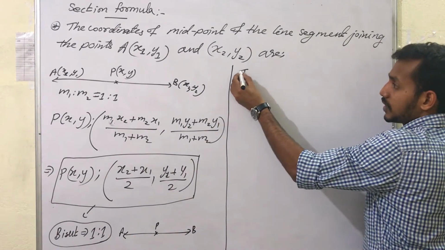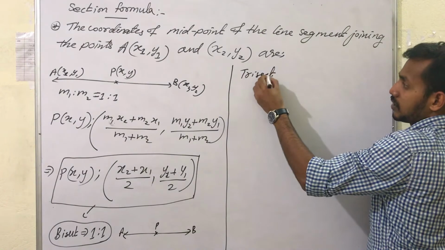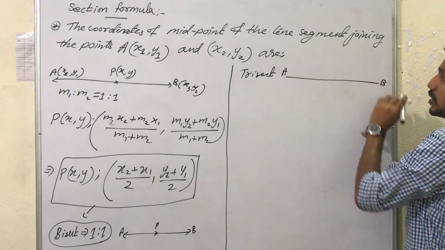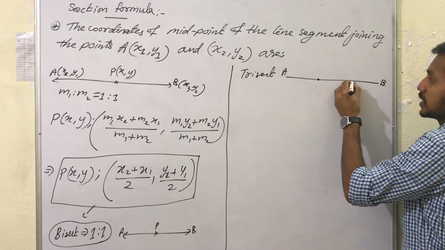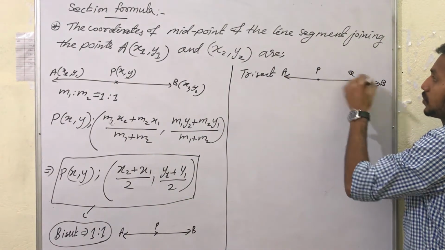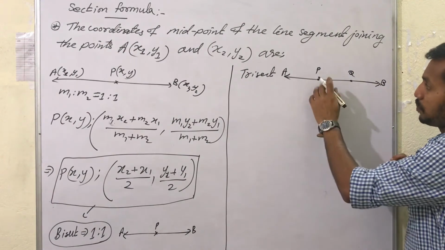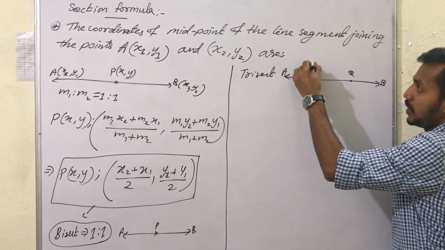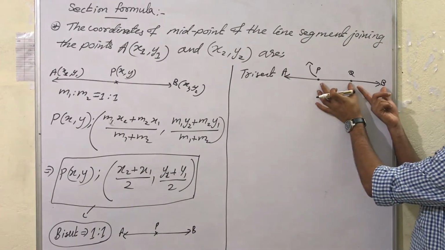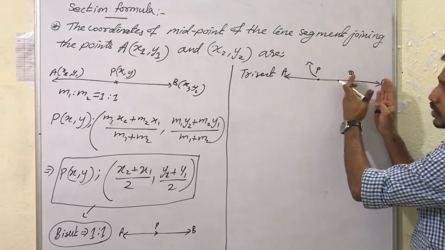Suppose in case of trisect. In case of trisecting A, B, 2 points are needed. We can consider those as P and Q. So for P, the ratio will be 1 is to 2. This is actually divided into 3 equal parts.